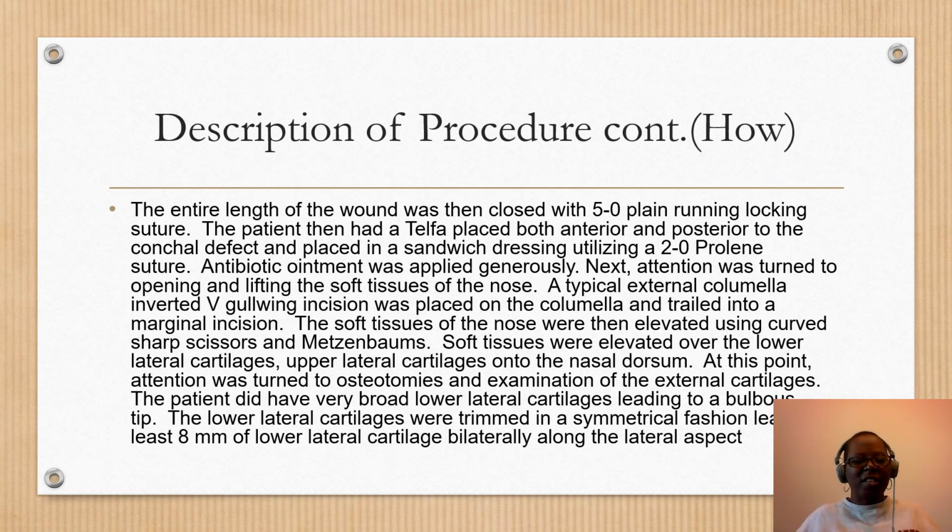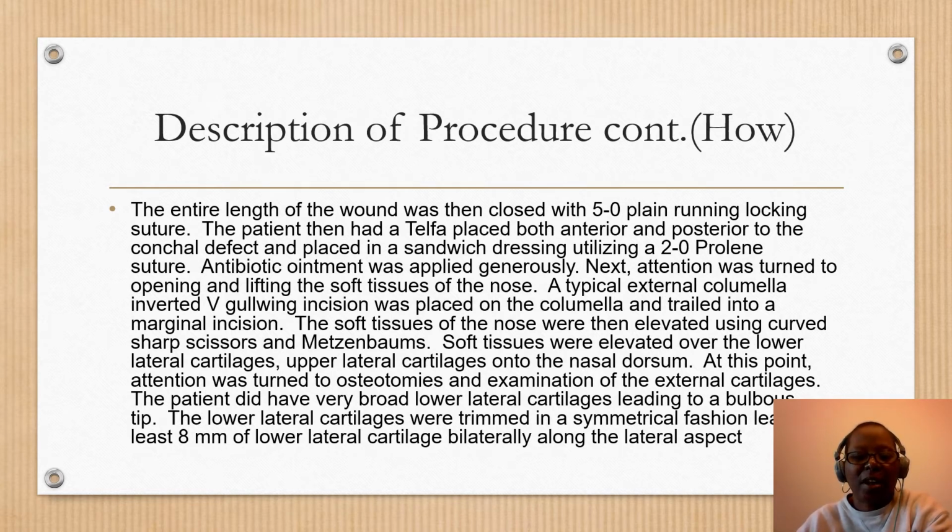Okay, so once he completed that portion of the procedure, now we're moving into a different portion of the procedure. He's mentioning that the entire length of the wound was then closed with 5-0 plain running locking suture. So he's done with the harvesting. Now his attention is turned to the patient, where Telfa was placed both anterior as well as posterior to the conchal defect and placed in a sandwich dressing utilizing a 2-0 Prolene suture.